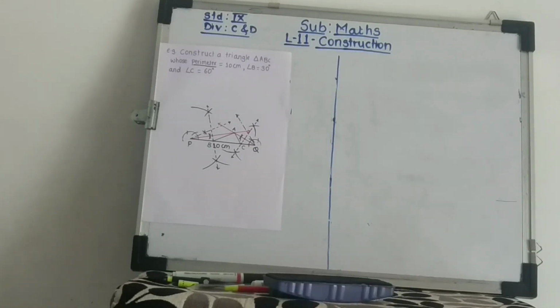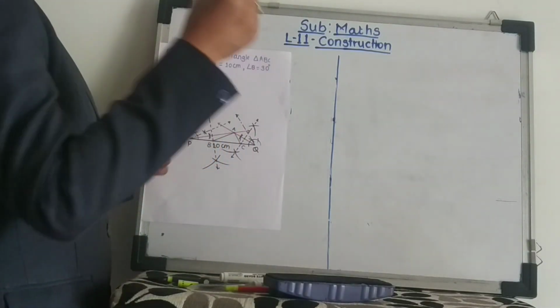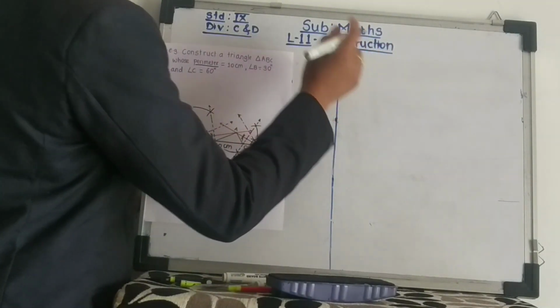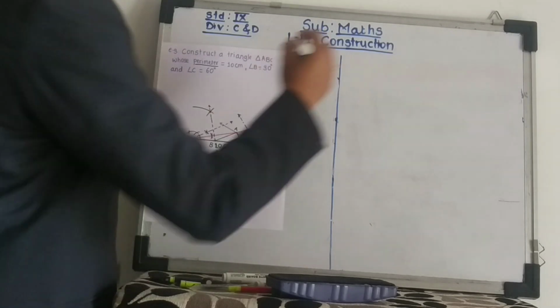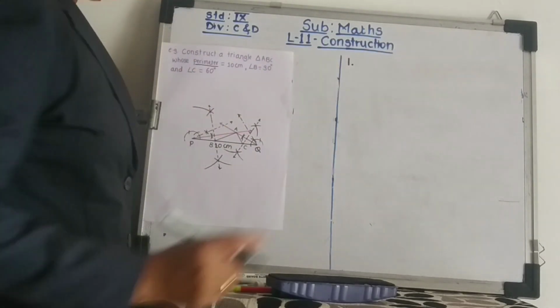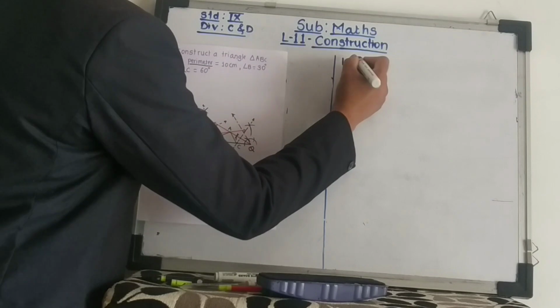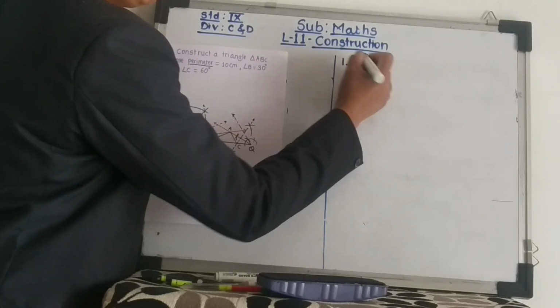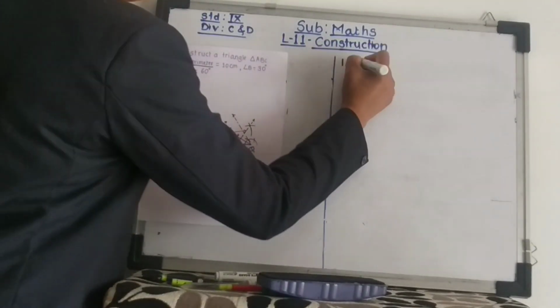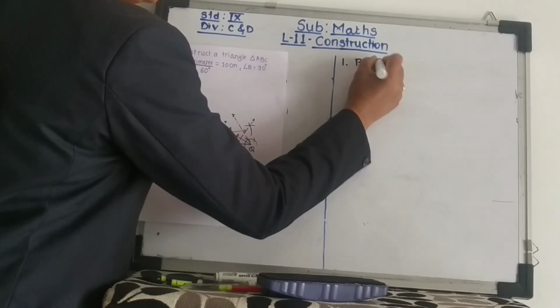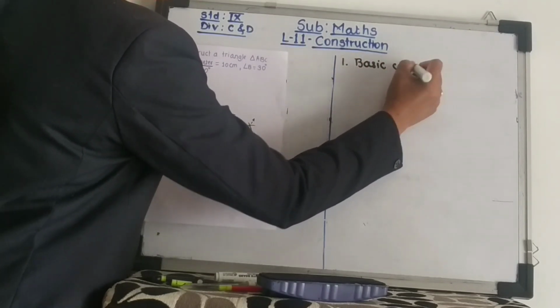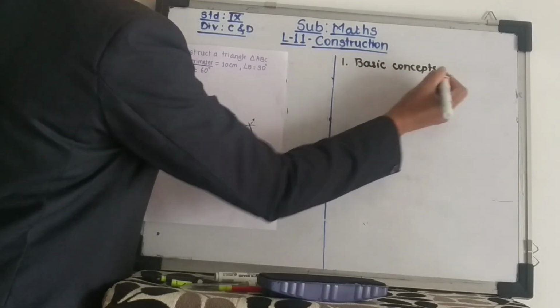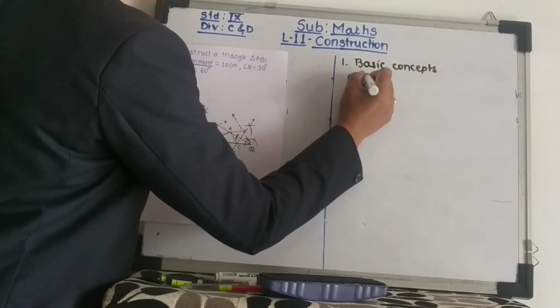Now you might have understood how to construct a triangle when its perimeter is given. Now let us revise what we have seen in the whole lesson. First, we took some basic concepts. Under basic concepts, we took the segment.